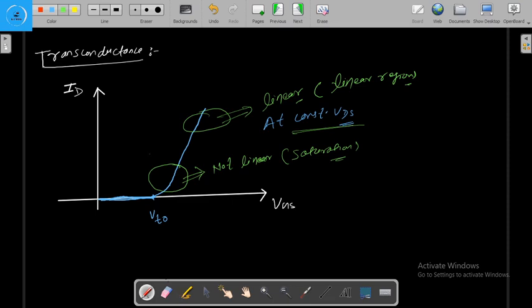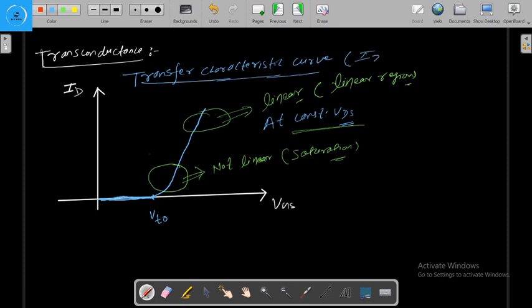Hence it is also known as the transfer characteristics curve, or we can say the ID-VGS curve.